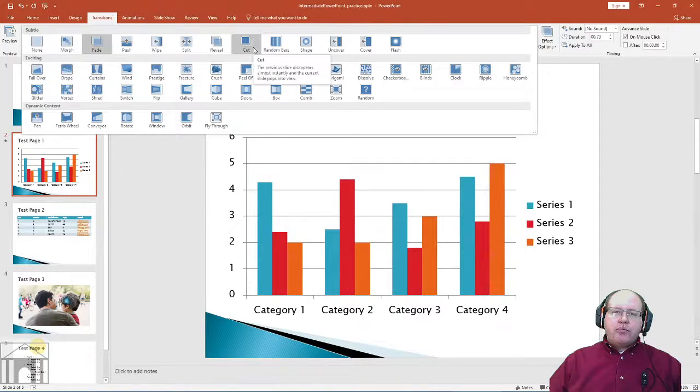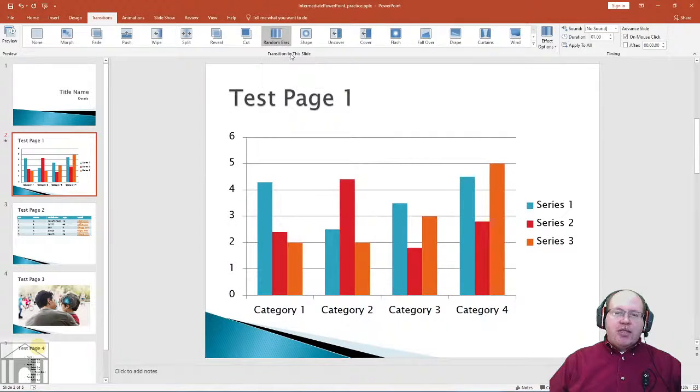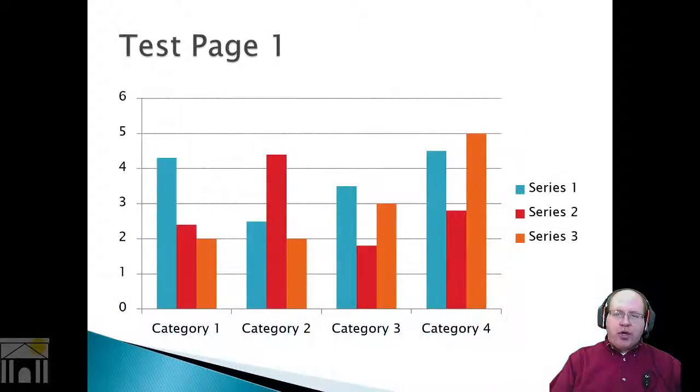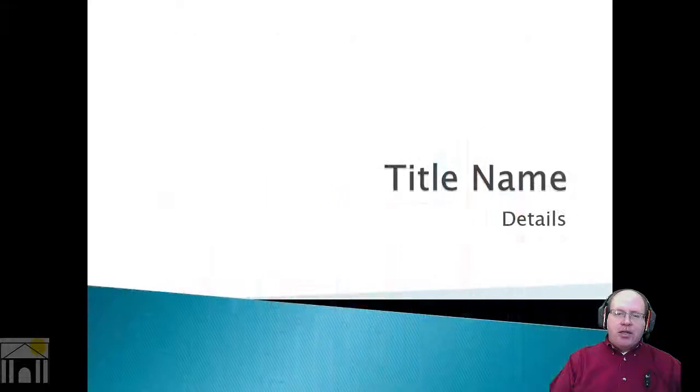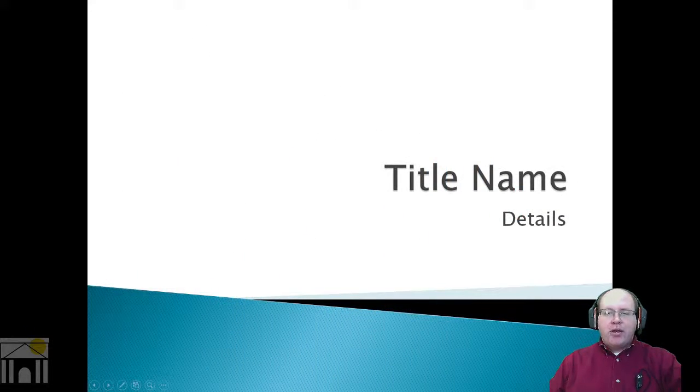A Cut is where the previous slide disappears almost instantly and the new slide pops up, very similar to None in a lot of ways. Random Bars is fun. It will kind of just do a cut, and I think that will change every time you do it. The bars will be in different places and different sizes every time that you play it.